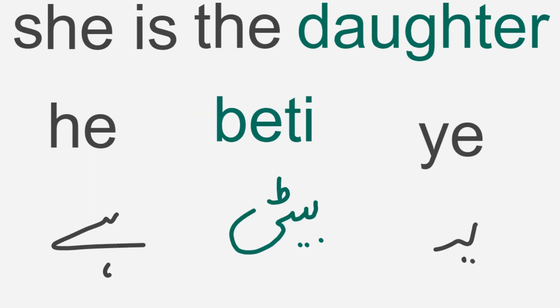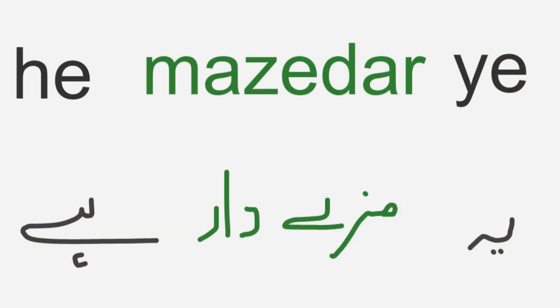This is a daughter, or she is a daughter. You can also say, for example, if somebody invited you to eat, ये खाना मज़ेदार है. This food is delicious. ये मज़ेदार है. It is delicious.